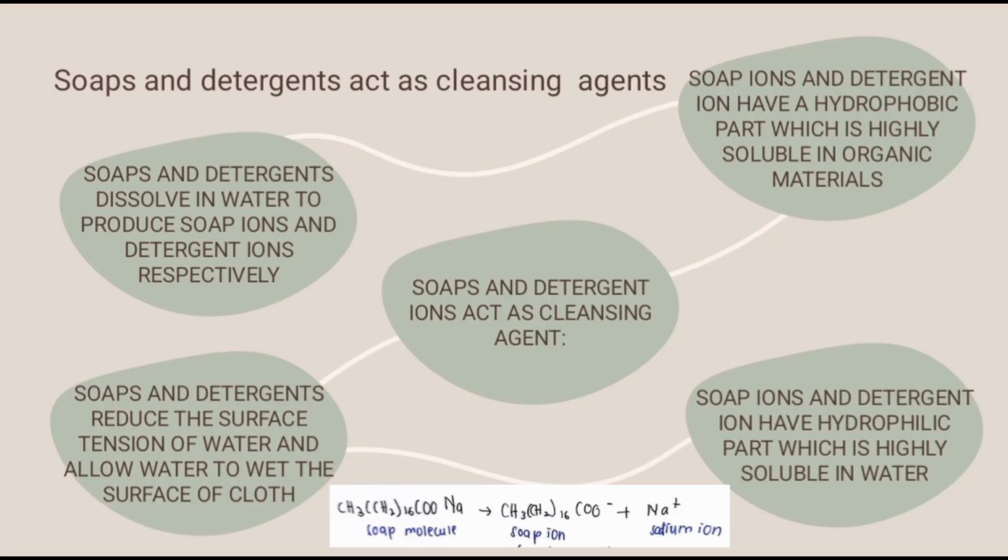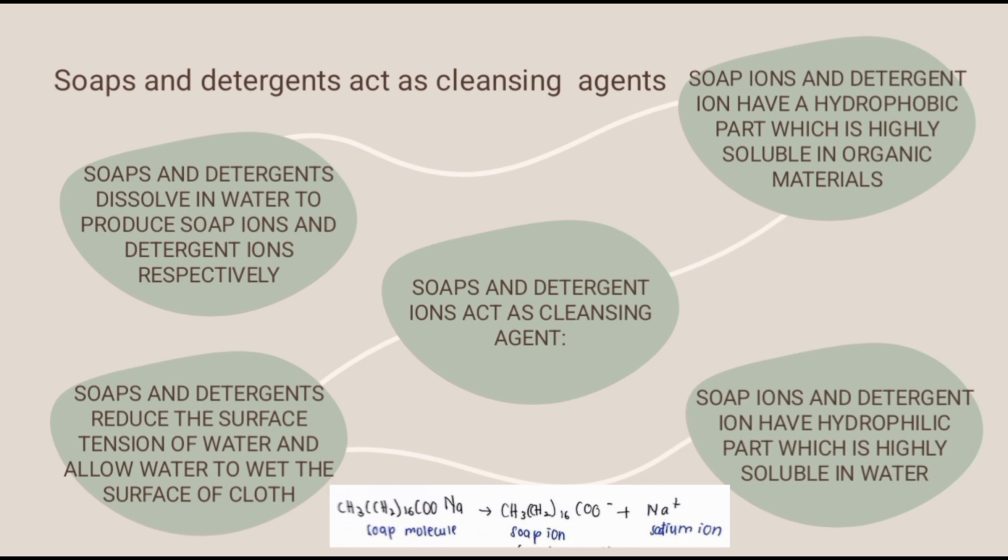Soap and detergent act as cleansing agents. The first one, soap and detergent are dissolved in water to produce soap ions and detergent ions respectively. Second, soap and detergent reduce the surface tension of the water and allow water to wet the surface of clothes.